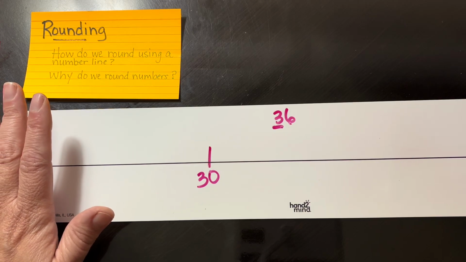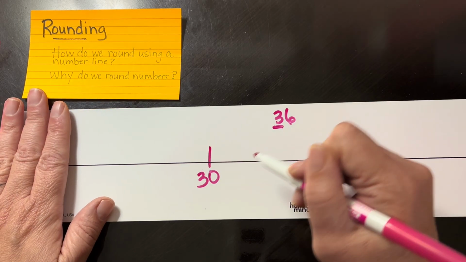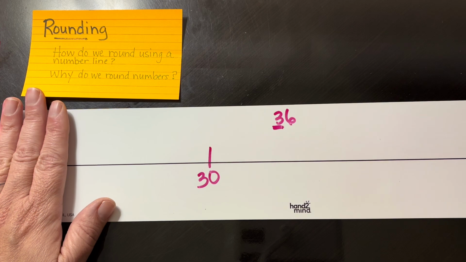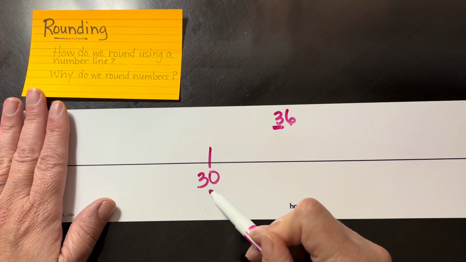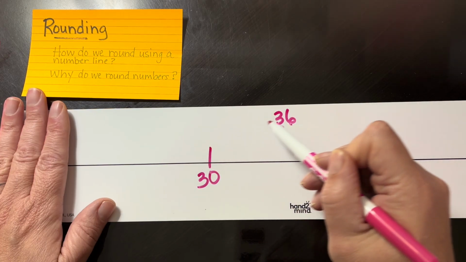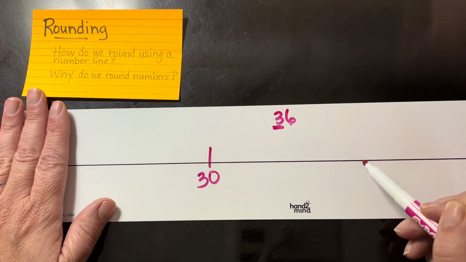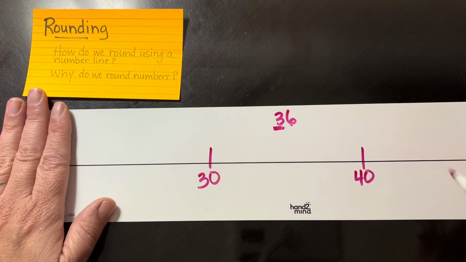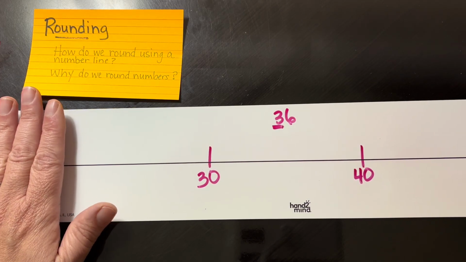So 30 would be the number. The first number is always easy because it will always be the same number that is in that place value. So if we're rounding to the nearest 10, we would go 10 greater than 30. 10 greater than 30 is 40.